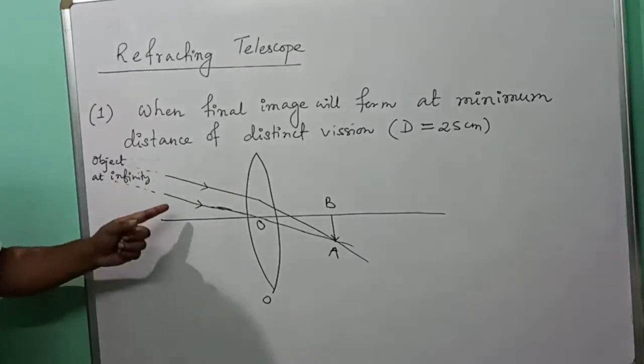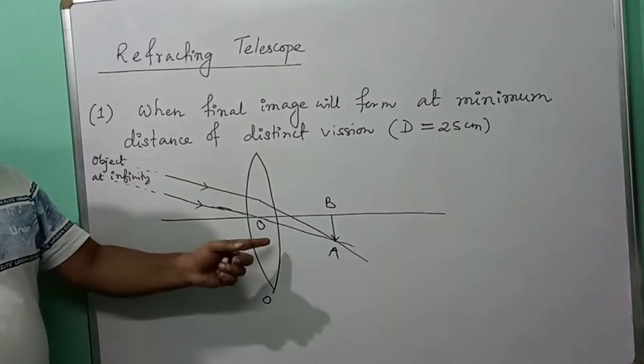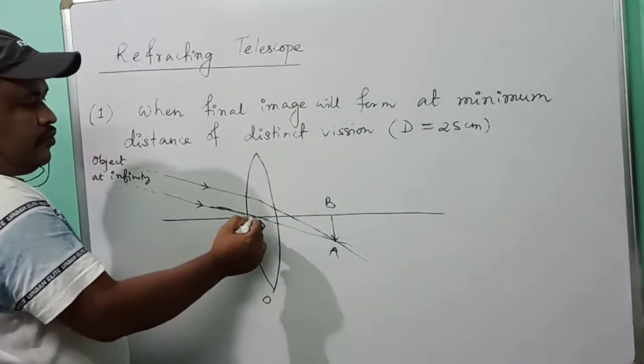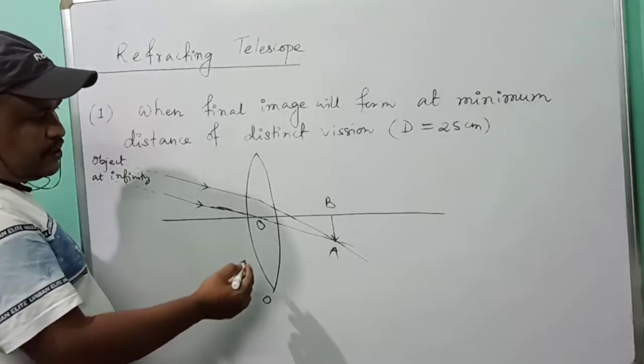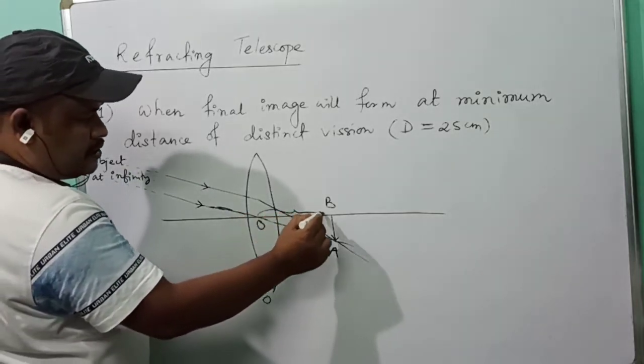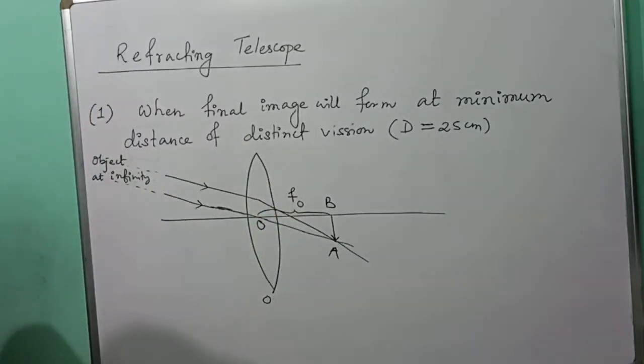Since the light rays are parallel, after refraction we get the image at the focus of the objective lens. That means this distance will be the focal length of the objective lens.